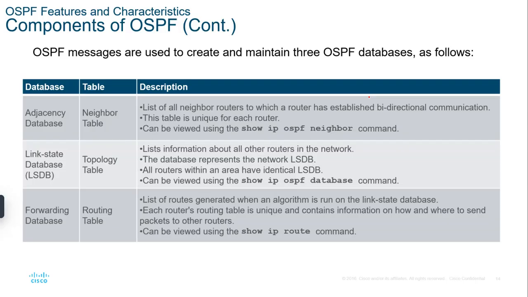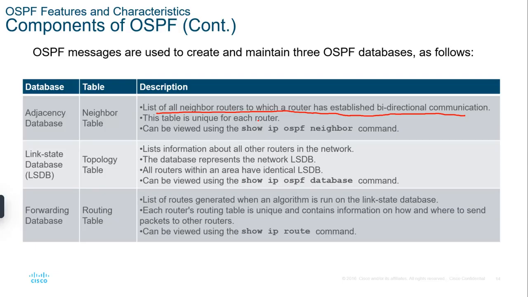So in the database, those are the links that are in forwarding state, and that is where the primary route is generated from, and then dropped into the routing table. So the neighbor table lists all the neighbor routers to which a router has established what we call bidirectional communication.